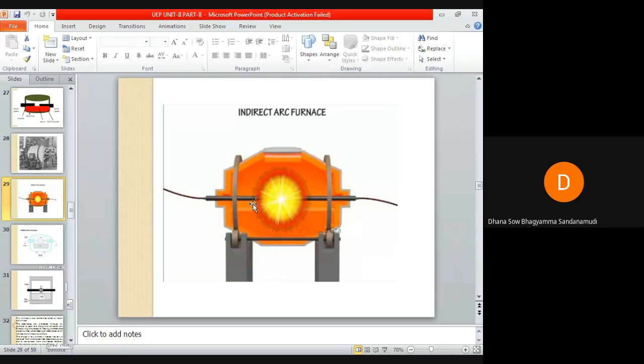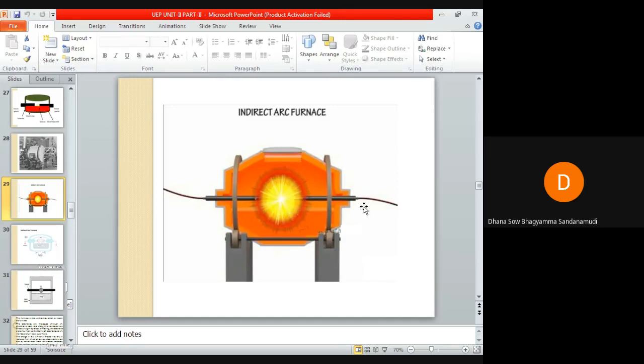You can see here electrodes are projected from both sides into the furnace, from each end, on the horizontal axis. During the process of heating, these electrodes are consumed, which means the length of the electrodes will be gradually decreasing.